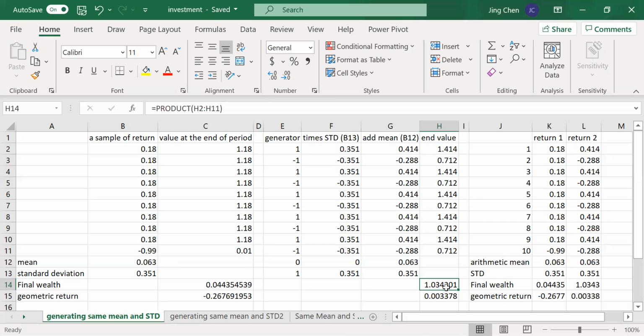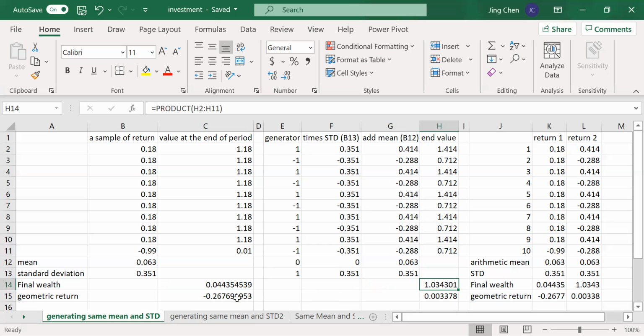But in portfolio theory, in this mean-standard deviation coordinate system, the two investments occupy the same position in that coordinate system, but their final wealth can be very different.